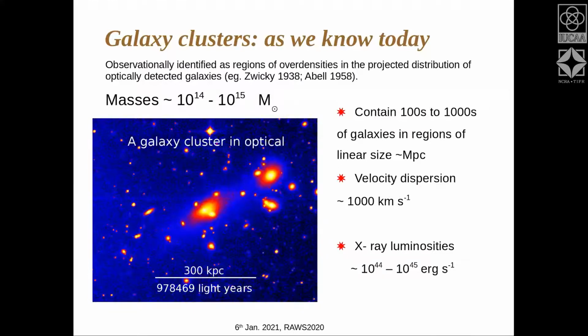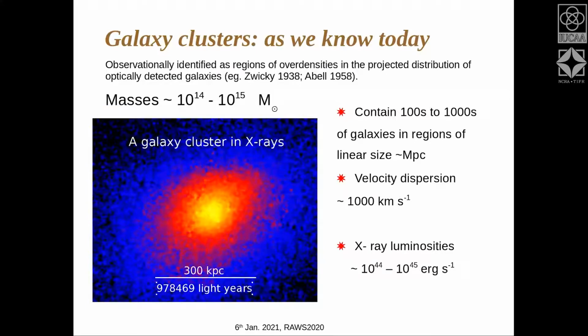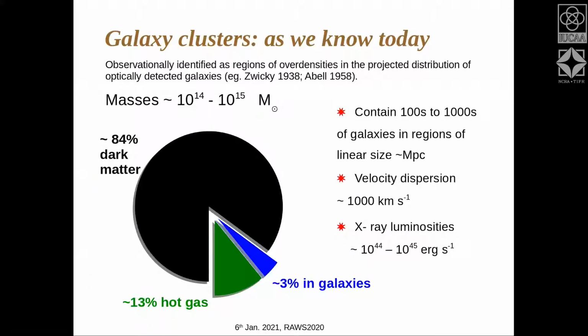So the different bands actually give us a very different picture of the galaxy cluster, and all these together help us understand this physical system. What we also know is that most of this mass, this 10 to 14 to 10 to 15 solar masses that one galaxy cluster contains, is actually dark matter, and only about 10 to 15% is baryonic matter.